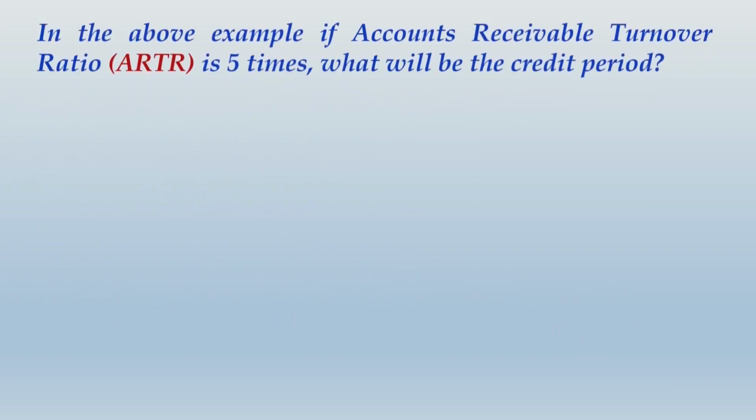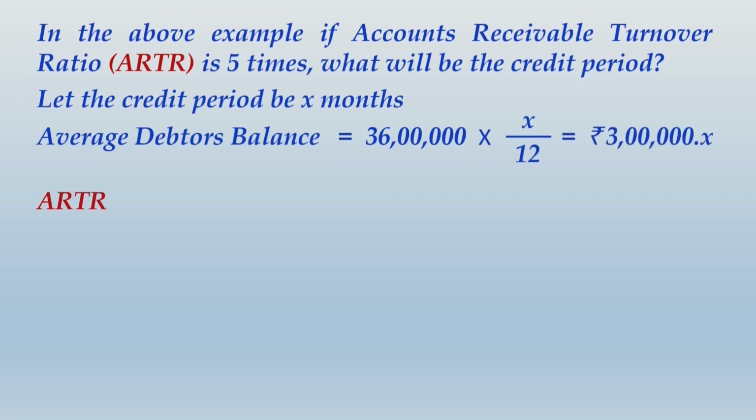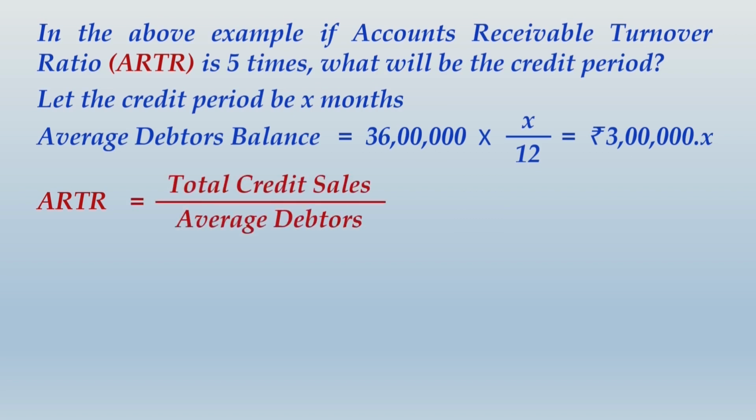Let us move ahead and write something further. In the above example, if accounts receivable turnover ratio ARTR is 5 times, what will be the credit period? We would say let the credit period be X months. So average debtors balance will be 36 lakhs into X by 12, and that will give you 3 lakhs X. ARTR, that is accounts receivable turnover ratio, will be total credit sales divided by average debtors.